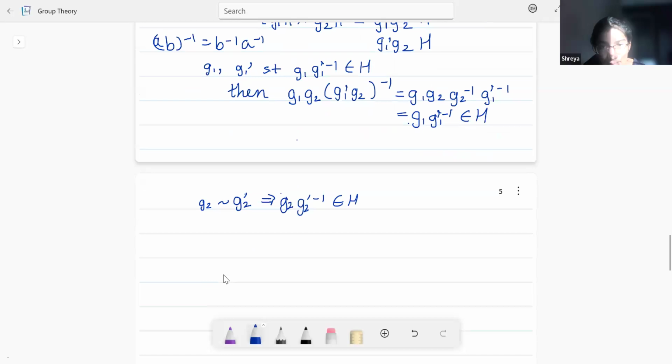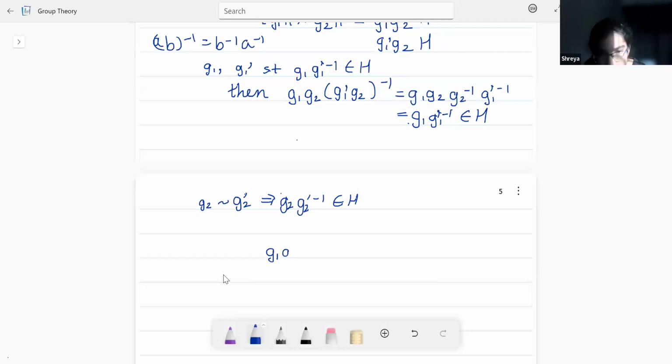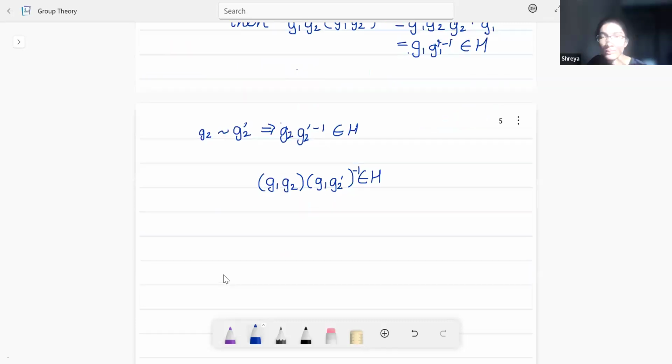So then what we need to prove is that this is just equal to G1 G2, and then this inverse will come out first because the order always swaps: G2 prime inverse, then G1.